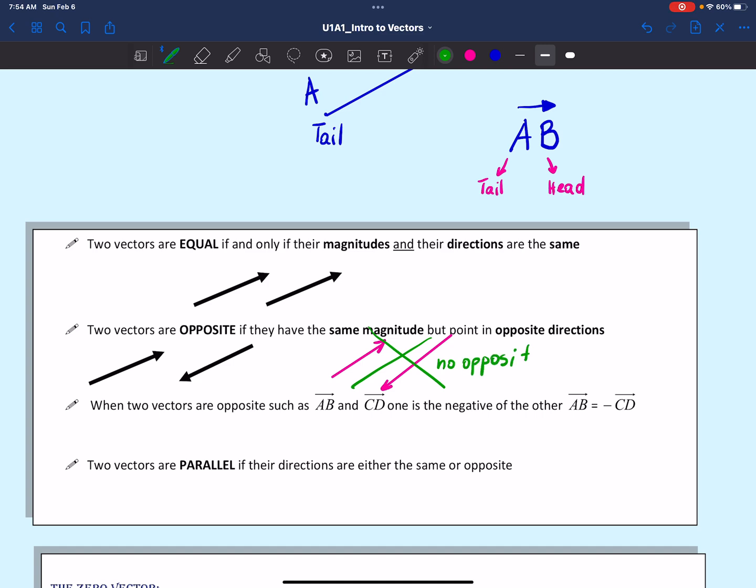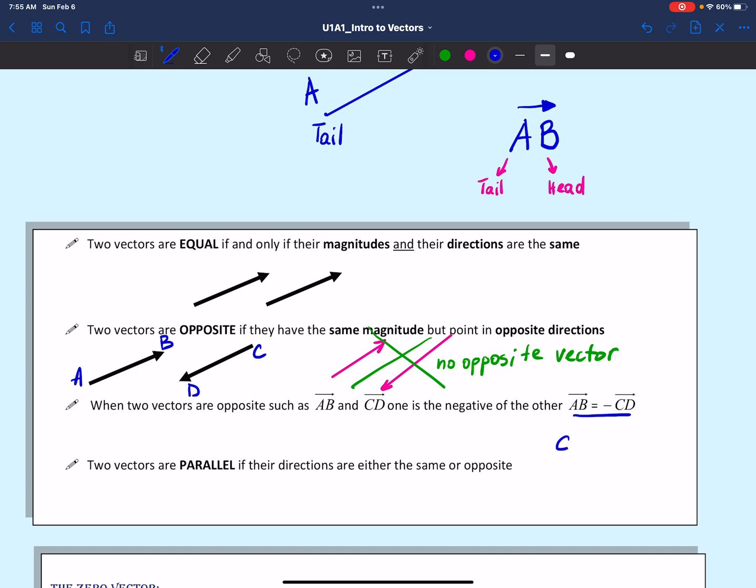So for two vectors, again, to be opposite, both the magnitudes must be the same and the directions must be opposite. So it doesn't work having one or the other. Now, when two vectors are opposite, for example, if you call this vector AB and this one vector CD, then we'll say that vector AB is equal to negative vector CD.